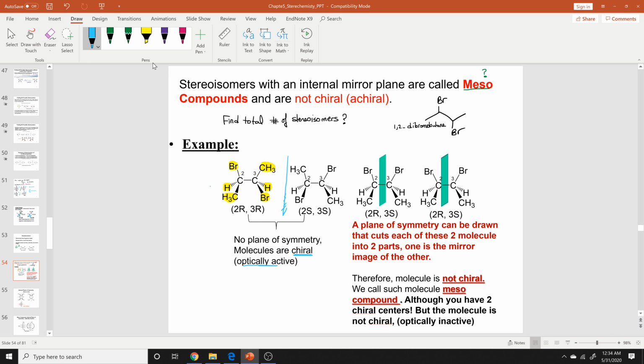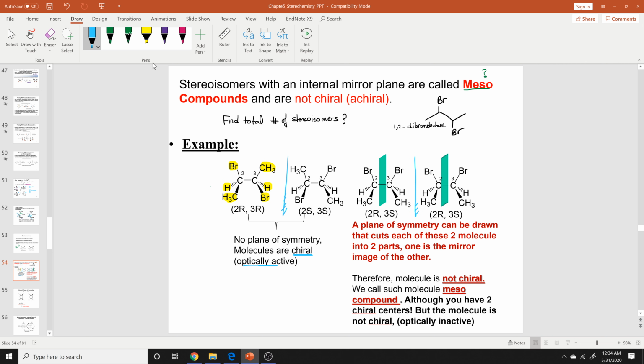Here, I am able to draw a plane of symmetry through the molecule. So if I am able to draw a plane of symmetry through the molecule and cut it into two parts, and I draw a mirror image for it, the mirror image is going to be exactly the same as the molecule itself. See here, I'm drawing a mirror. So here you go.